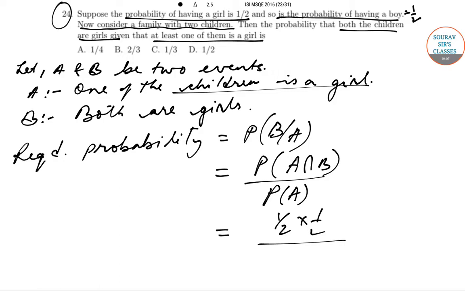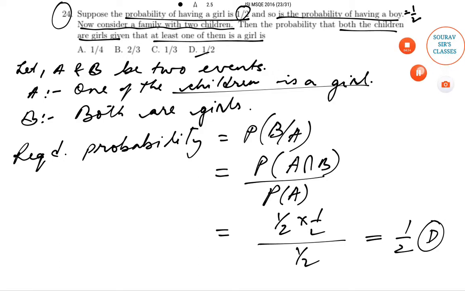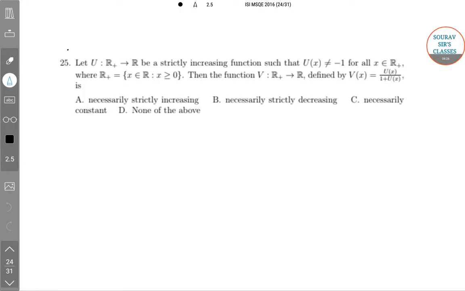That value is equal to 1 by 2. So P of A is equal to 1 by 2. So ultimately P of B upon A is equal to 1 by 2, which is the option D. Now let's move on to the next question. The next question is question number 25.